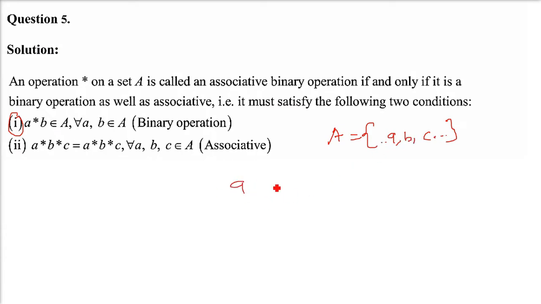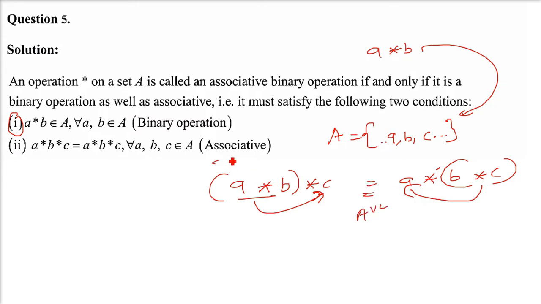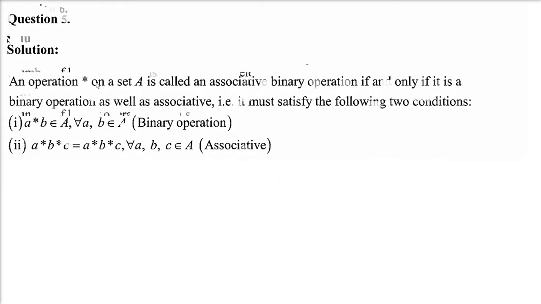So if we have A star B star C, A star B is defined, B star C is defined. If we write (A star B) star C and A star (B star C), and if we operate A star B first and then operate the result with C, and similarly A with the result of B and C, these both should be equal. So associativity is all about operating first 2 terms and then operating the result with the third term.